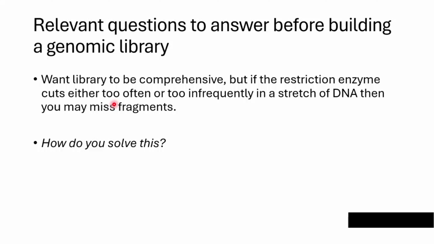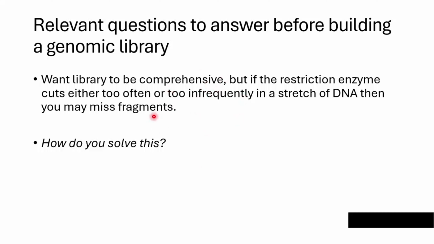Now, one way to do it is to actually optimize your digestion time and the amount of enzyme that you put in there, so that you can have multiple different time points. Let's say, for example, fragment for 1 hour, 10 hours, and 100 hours, and then see which ones give you the fragments of the right size. So that's the solution.